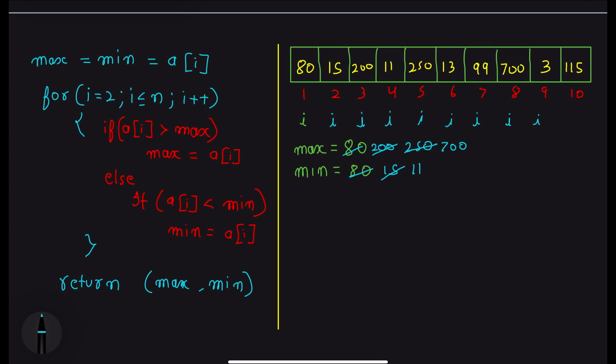So 3 is smaller than 700 and 3 is smaller than the minimum value, which is 11. So the new minimum value will be 3. Now the value of i will become 10, and 115 is smaller than the maximum element and greater than the minimum element. So the value will not change. So the final value of max will be 700 and the final value of minimum will be 3.